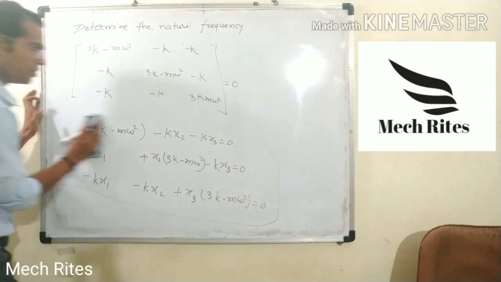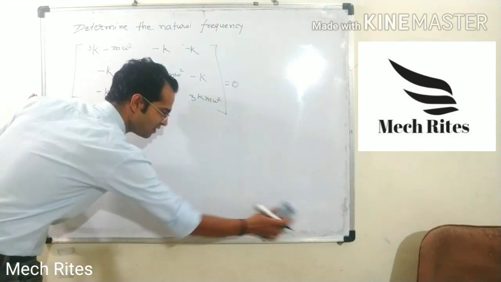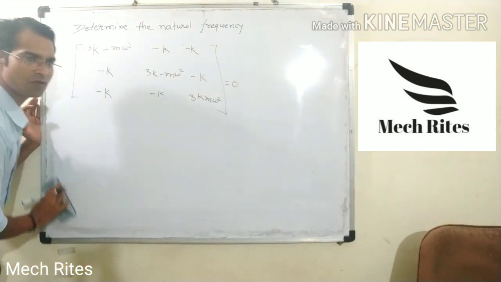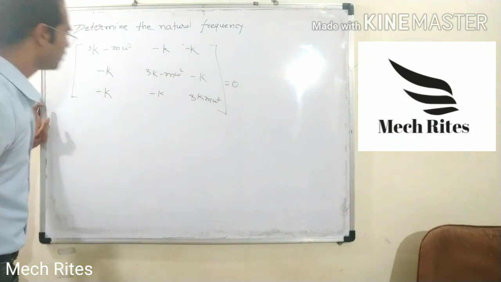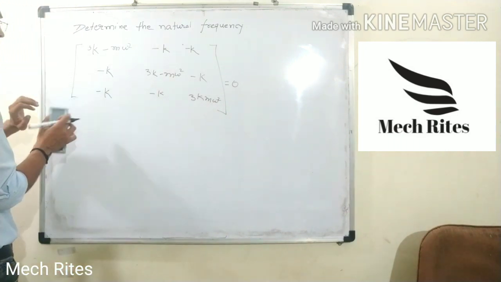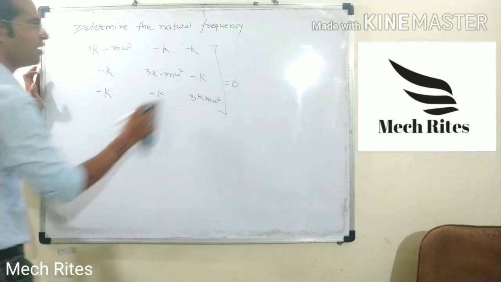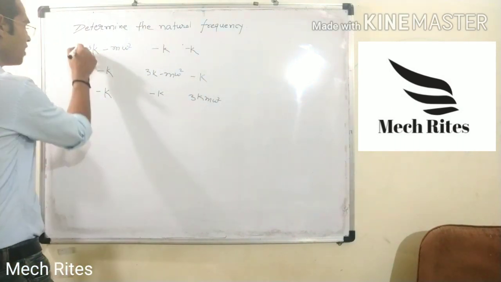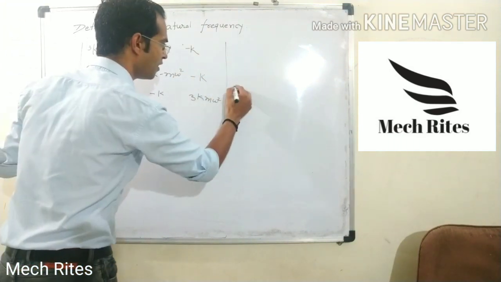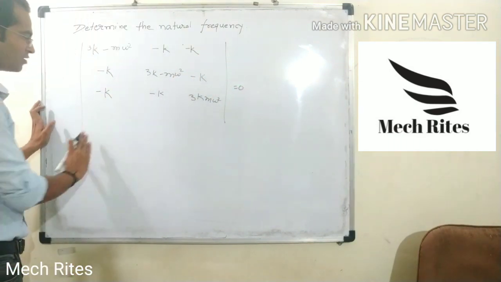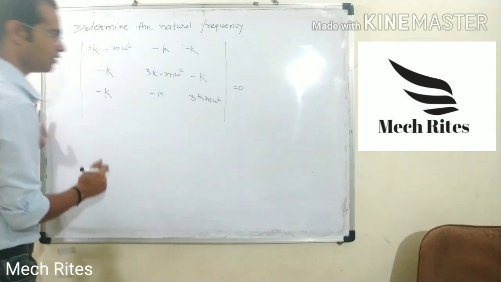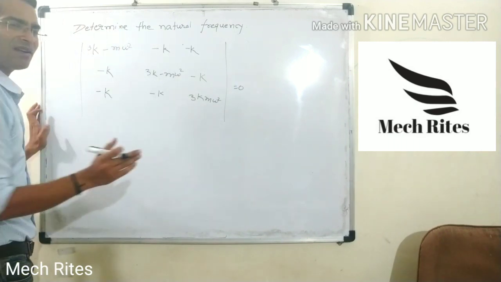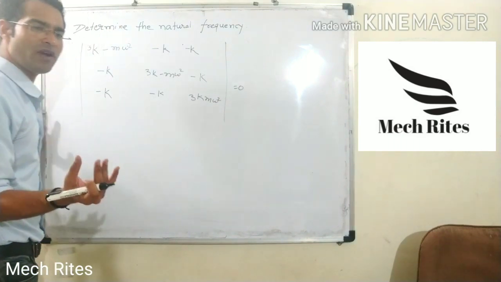Now, if you want to solve or multiply this matrix, normally it is a matrix, so I will convert it into the determinant form. Because a matrix cannot be solved, a matrix cannot give the exact value of any system.